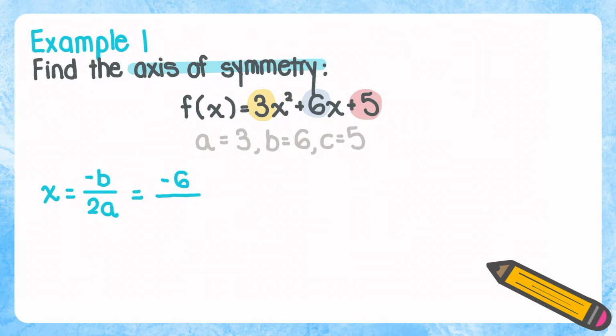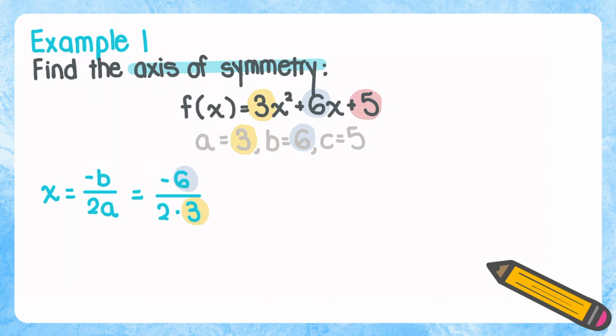So for the top, or the numerator, I have negative 6. And since a equals 3, instead of 2a, I have 2 times 3. Again, I'm just replacing the letters a and b with their actual numbers.